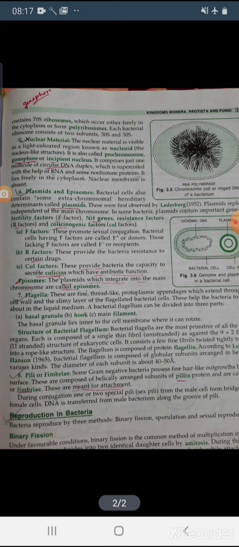Okay, so in some bacteria, the plasmid contains some important gene-like factors, F factors. Some factors are there like NIF genes, the resistance factor or R factor, and the colicinogenic factor, that is the COL factor.